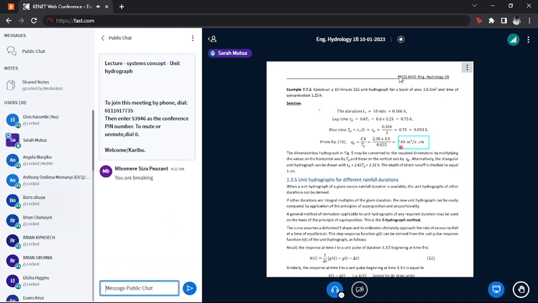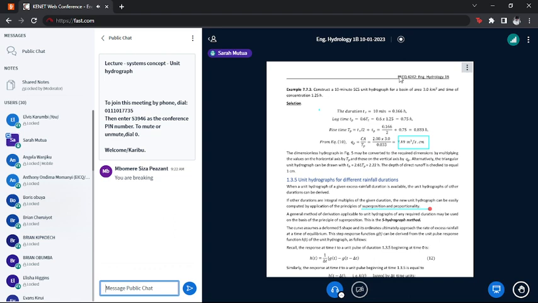So, for example, a unit hydrograph is a hydrograph resulting from one unit of rainfall. So how do we do it for rainfall of different durations? We do this by applying the principles that I've just explained, the principles of superposition and proportionality.